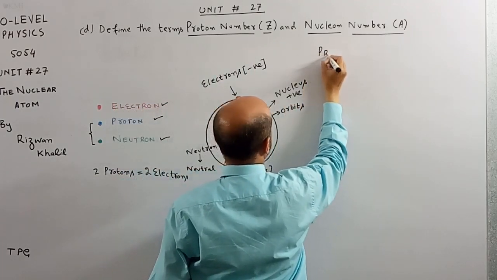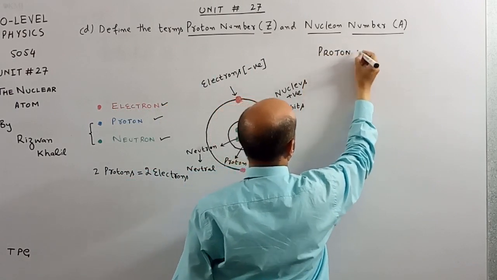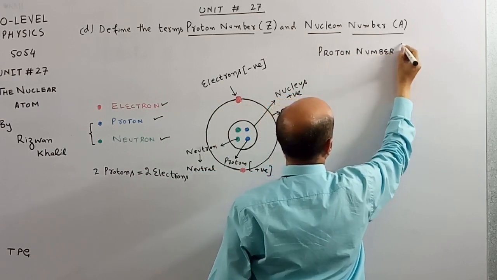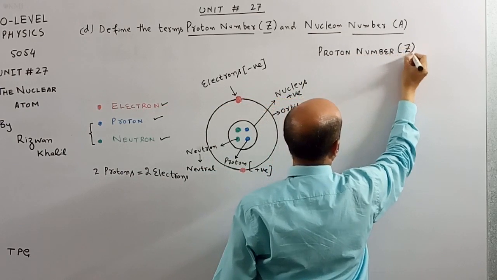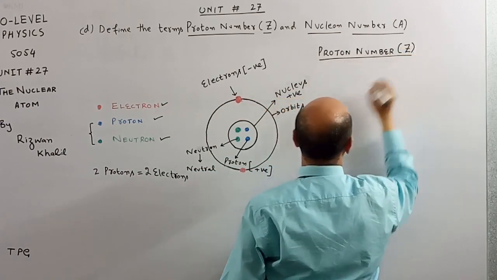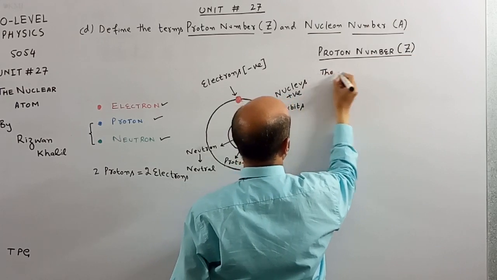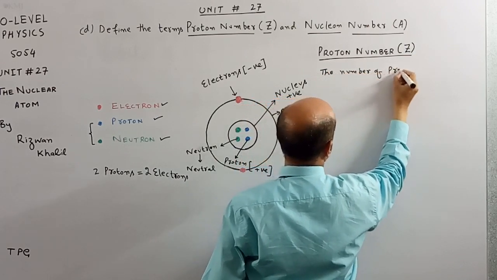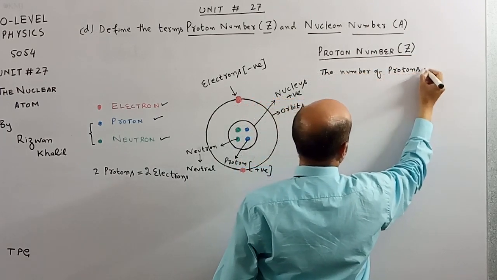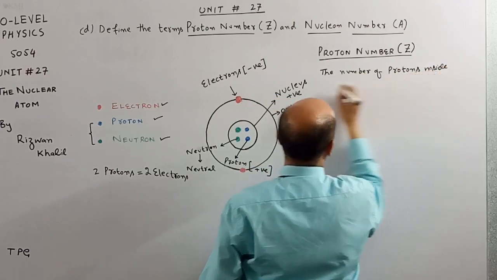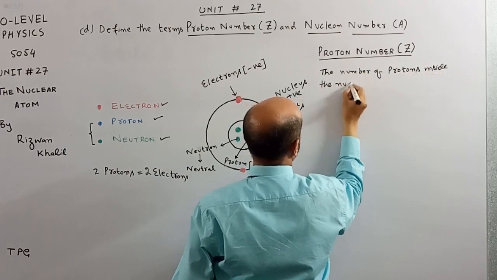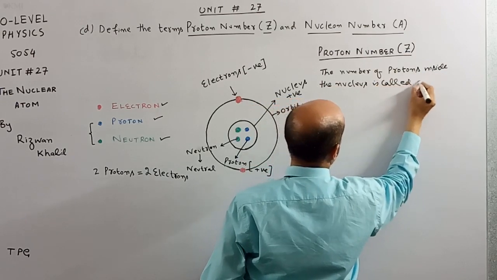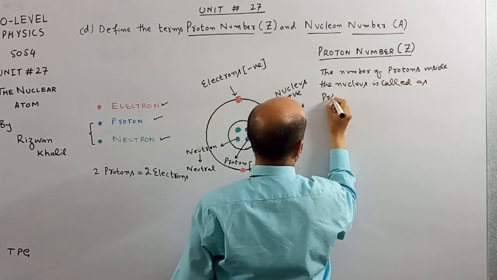Proton number. It is represented by capital Z. The number of protons inside the nucleus is called proton number.